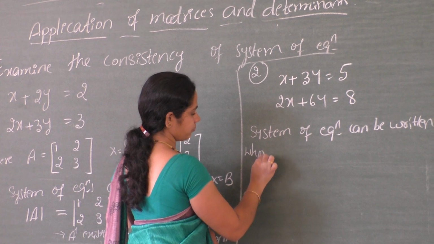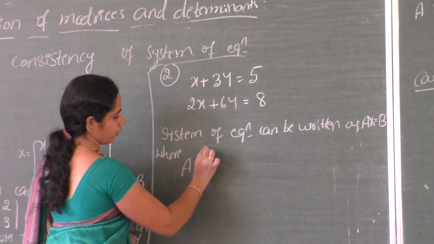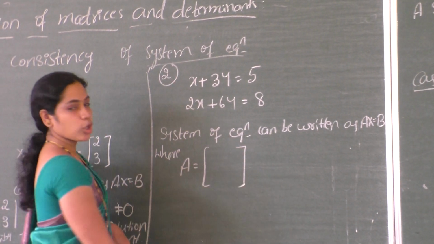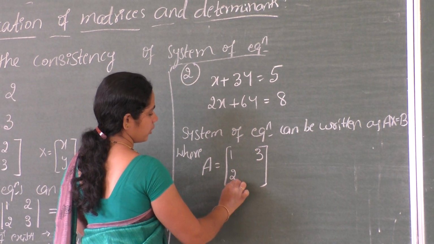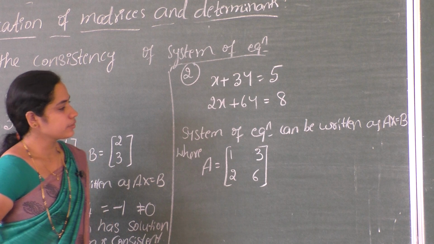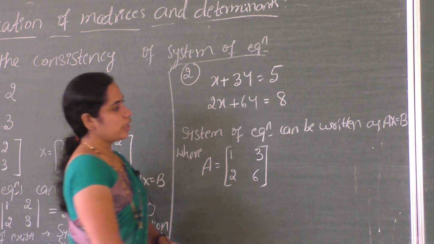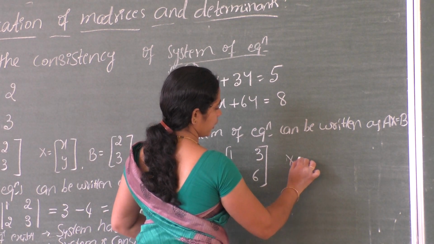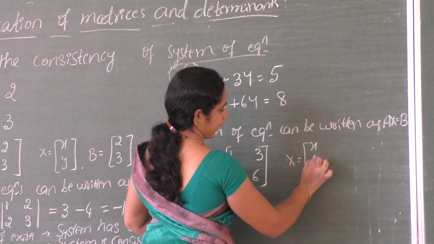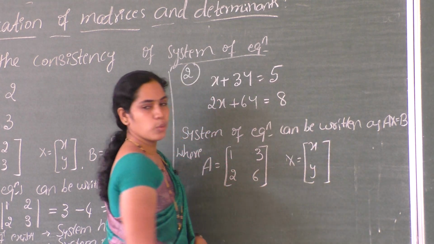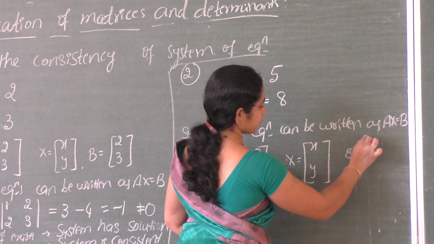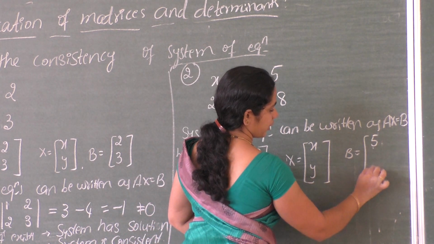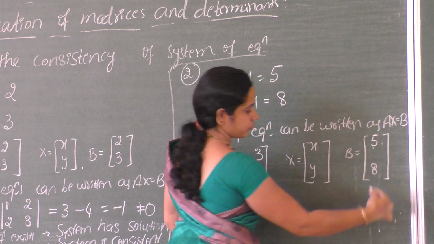What is A here? A equal to the coefficients 1, 3, 2, 6. What is X? Here there are two unknowns, x and y. What is B? B is 5, 8.